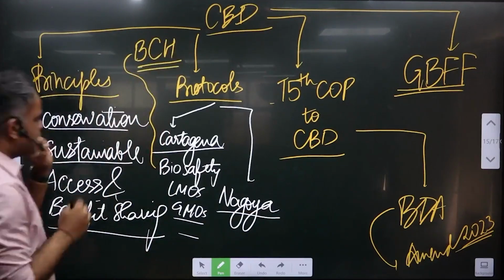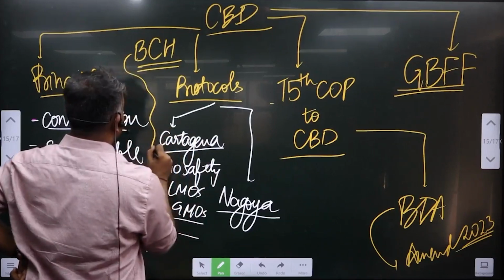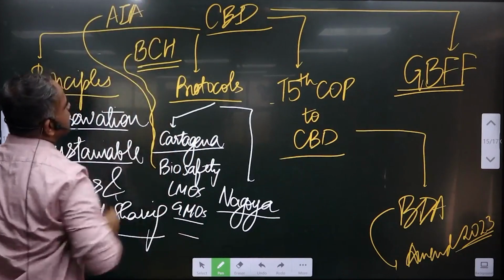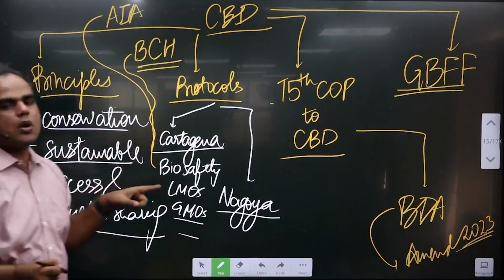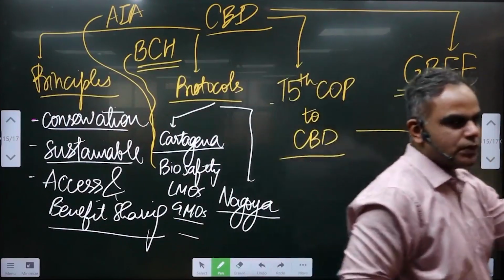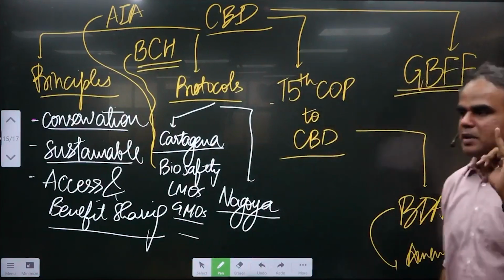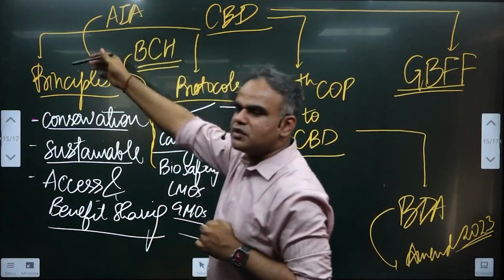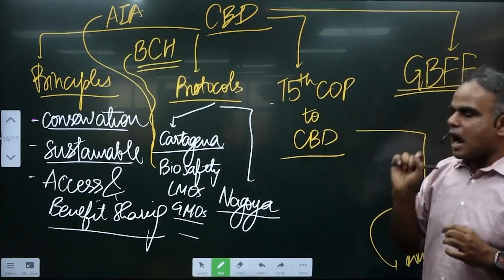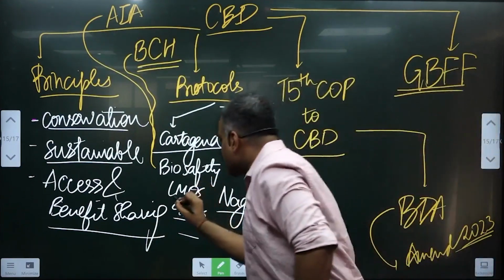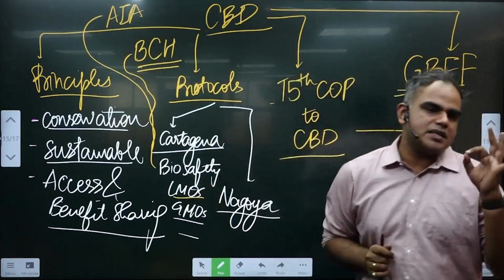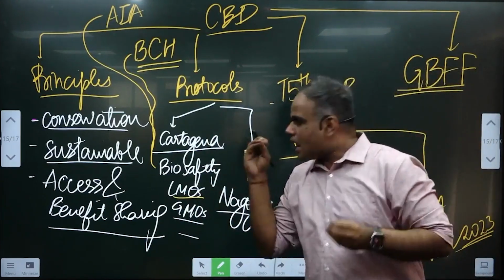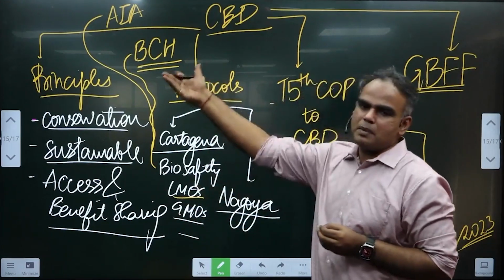Then there are also advance information agreements related to the Cartagena Protocol. Biosafety Clearing House, advance information agreements. The whole idea is, if you use living modified organisms or genetically modified organisms, and there is any risk arising out of them, there is a protocol that will help the people.